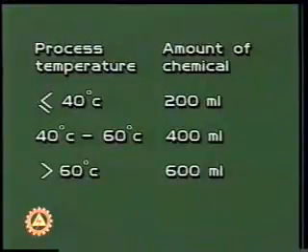The three steps defining the amount of chemical to be added in the process with respect to temperature are: 200 ml chemical is to be added in the process up to a temperature of 40 degrees Celsius, whereas 400 ml for temperature between 40 degrees Celsius to 60 degrees Celsius. For temperature above 60 degrees Celsius, we add 600 ml of chemical in the process.